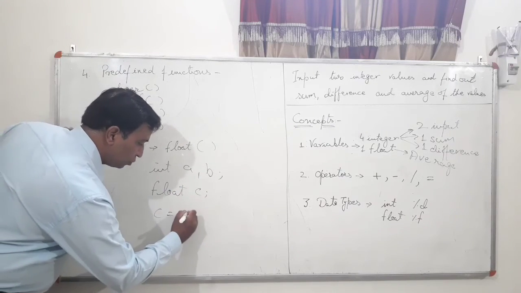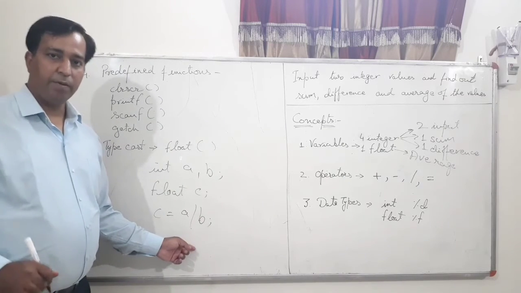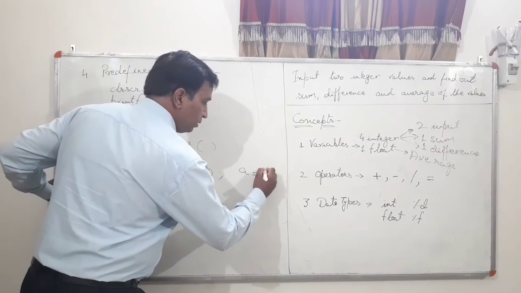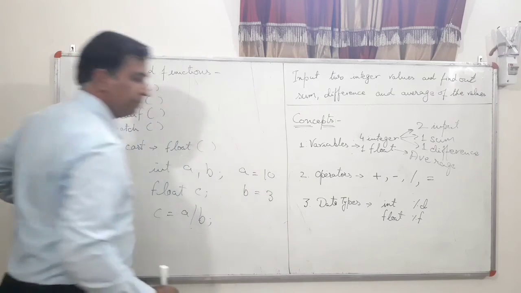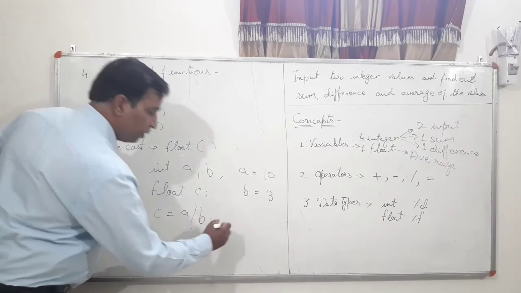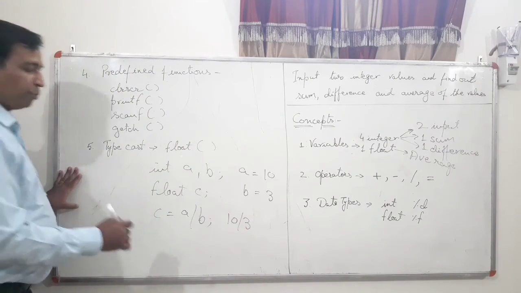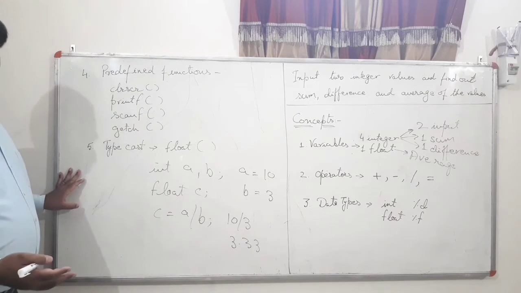So see, suppose we say C is equal to A divided by B. Now supposing A's value is 10 and B's value is 3, right? So what we are doing here is 10 divided by 3. So the answer should be 3.33, right?